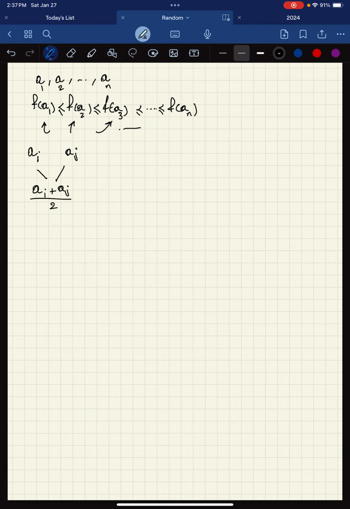But the thing is, if f of a of i is really small and f of a of j is really big, then maybe their average would be somewhere in between, which is not that good for us. So what we can do is use a weighted average, which is something like this.